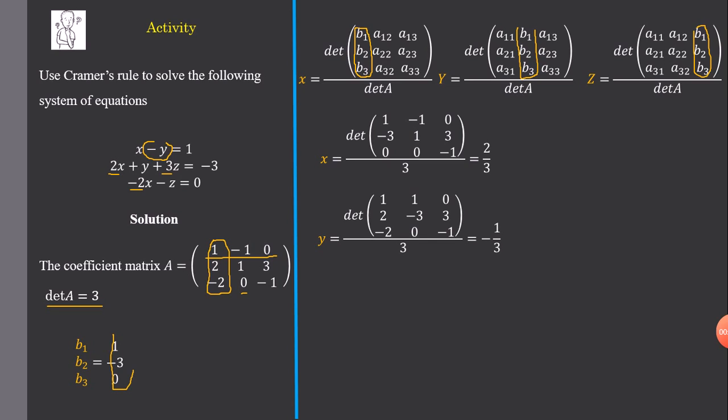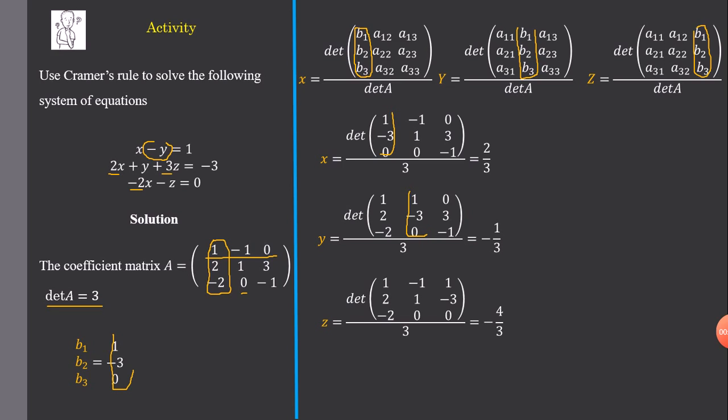For y we have replaced here with 1, -3, and 0. The determinant of this matrix gives us -1 divided by 3, and we have y is equal to -1/3.